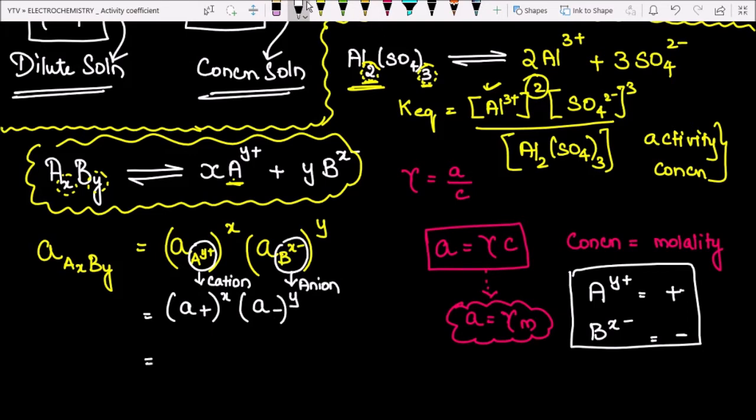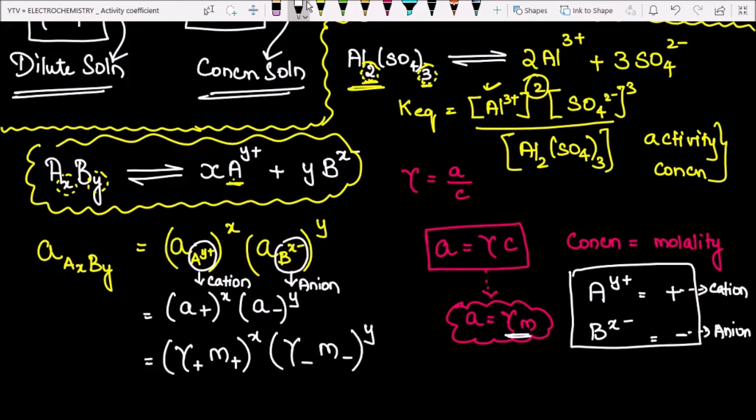Now can I substitute the value of activity, that is gamma into m, right? So I can write the activity of cation as gamma of cation into molality of cation to the power x. Similarly, the activity of anion can be written as gamma of anion into molality of the anion to the power y.